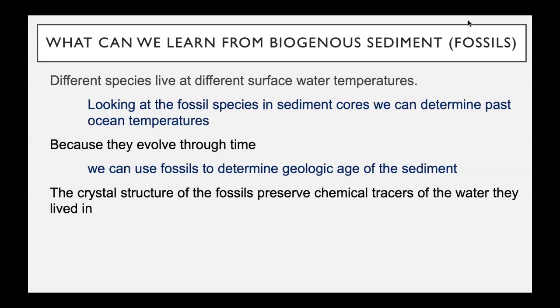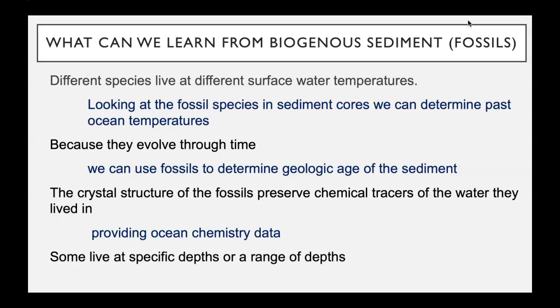So the chemistry of their hard parts is reflective of the chemistry of the seawater. We can look at them to figure out the chemistry of the ocean from the past. They also can live at specific depths, especially if they're benthic. And then we can tell the paleobathymetry, the paleo depth of the ocean from the fossil evidence.